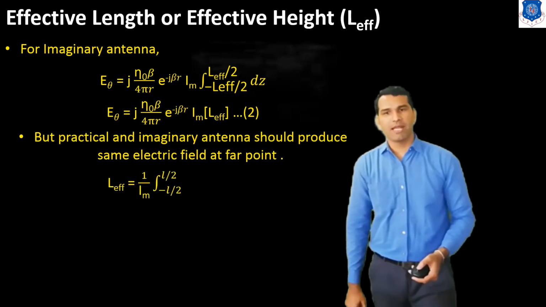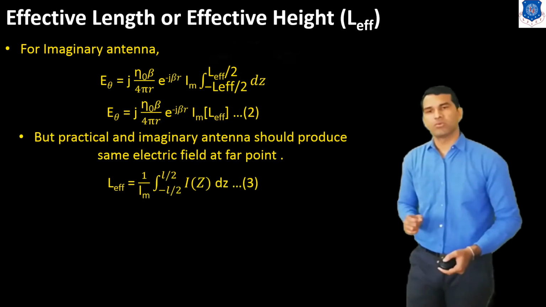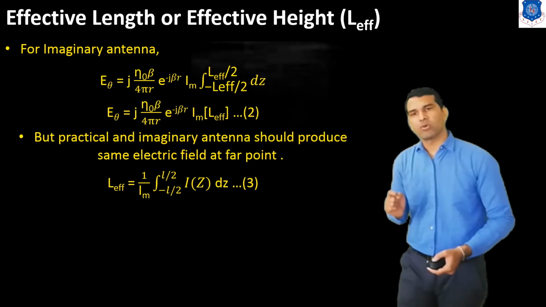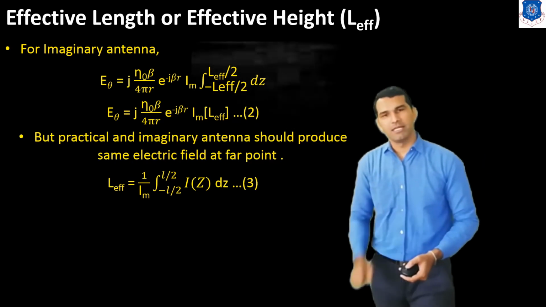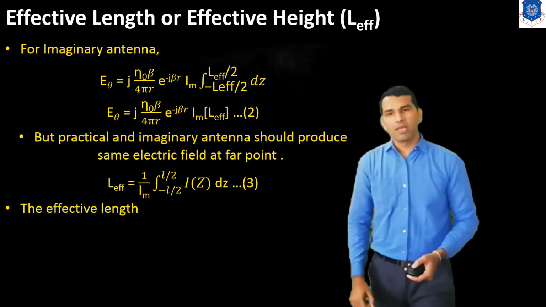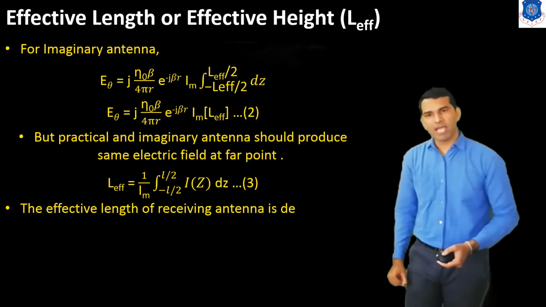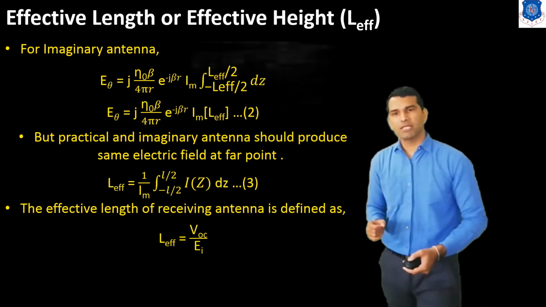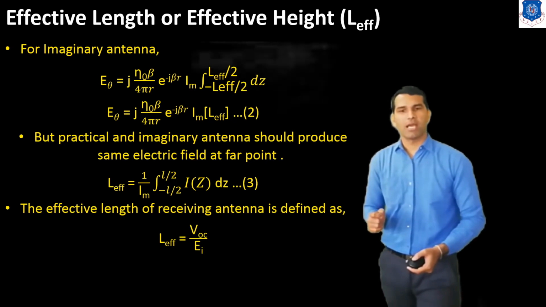So we can write L effective = 1 upon Im integration from minus L by 2 to L by 2 of Iz dz.